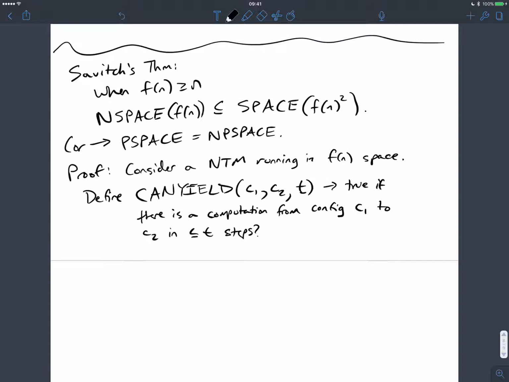Because remember, if I try to store all possible non-deterministic paths that this non-deterministic machine may take, that may be exponential. So we've got to be a little smart about this. We've got to be able to store previous results in order to help us here.